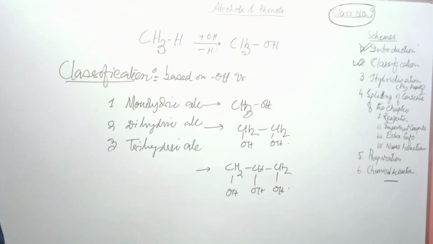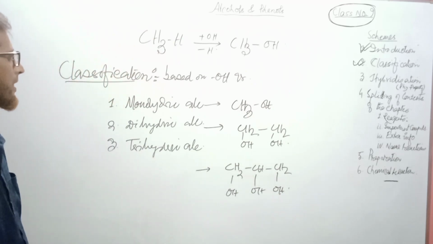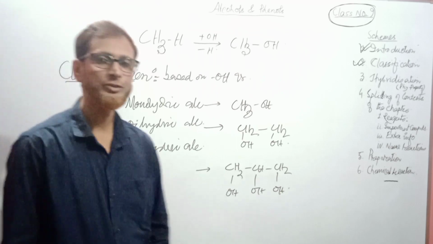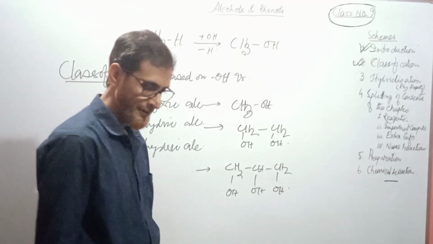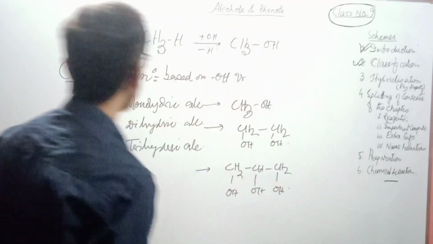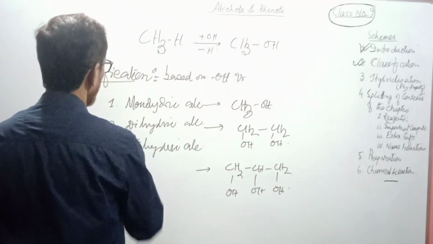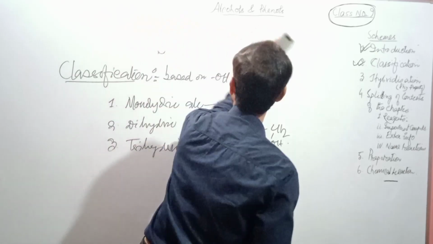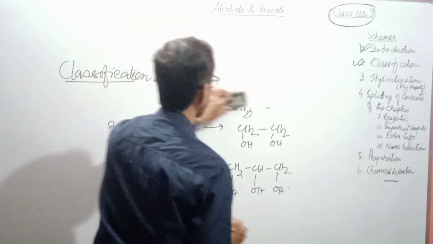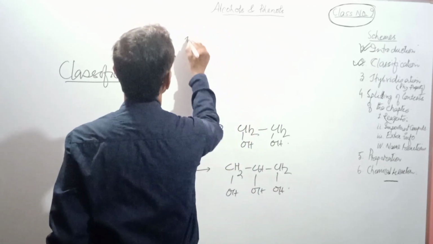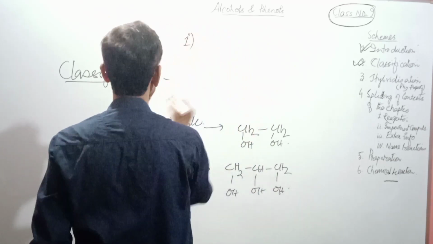Depending upon the number of OH groups, the alcohols are named as monohydric, dihydric, trihydric, etc. Now, number 1, monohydric.